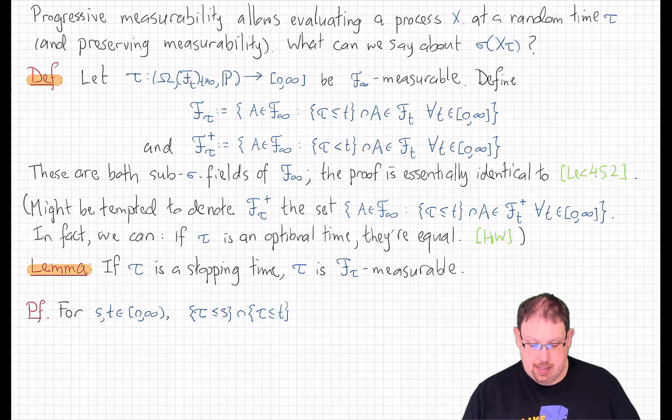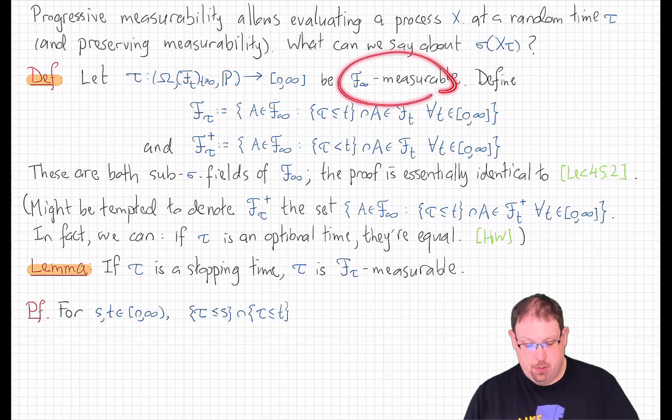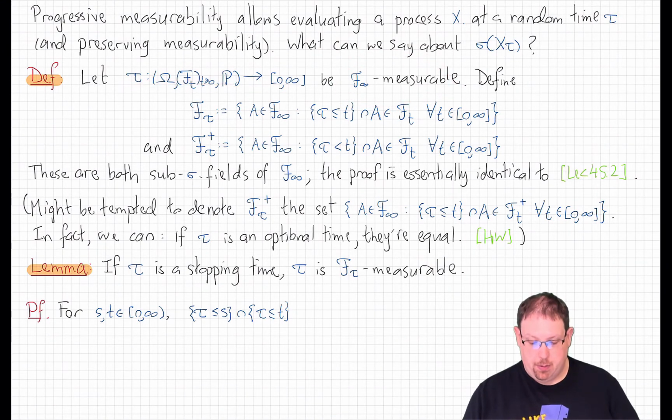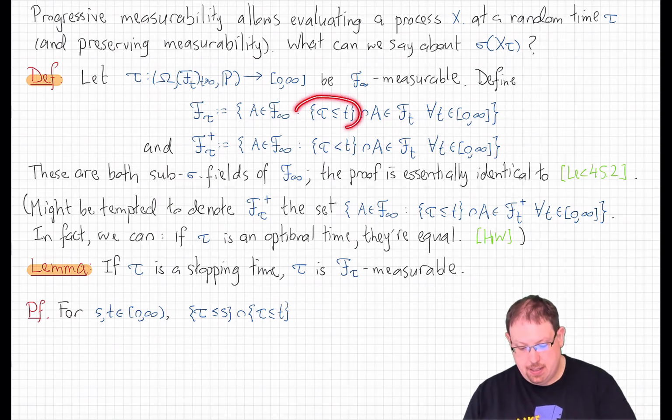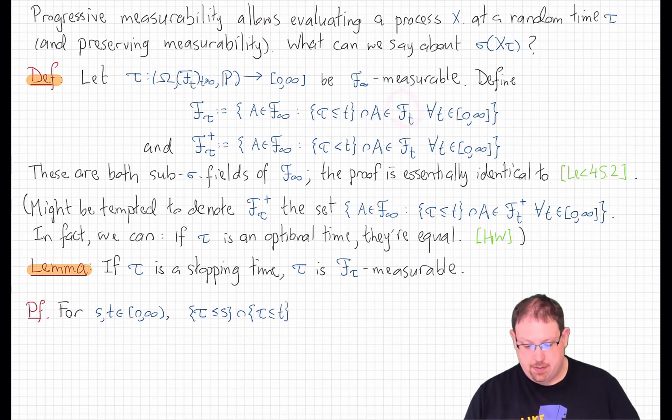If tau is any F_infinity measurable random variable on our filtered probability space, taking values in the positive or infinite reals, we define, as in the discrete case, F_tau to be the set of all events A measurable in F_infinity, for which the event that the time tau is less than or equal to t intersected with A is actually in F_t. And that's for all t less than or equal to infinity. Of course, the t equal infinity case is automatic here, since A is in F_infinity.